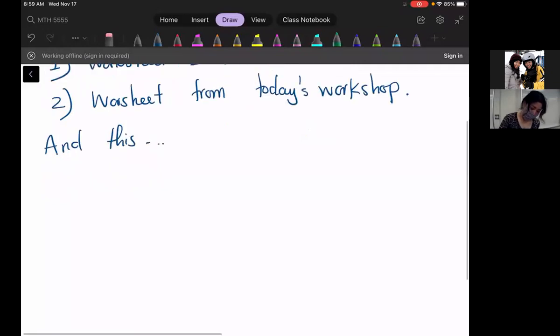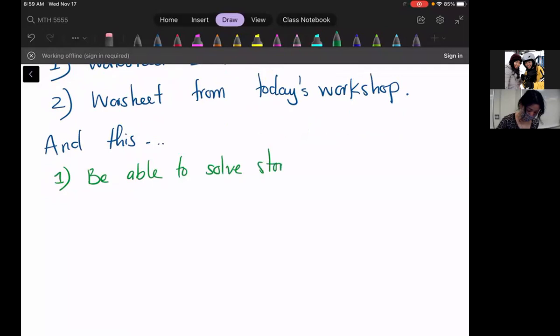Okay, I'm going to write in green. Be able to solve story problems. A, do you guys remember those consecutive numbers? Like consecutive odds, consecutive evens?